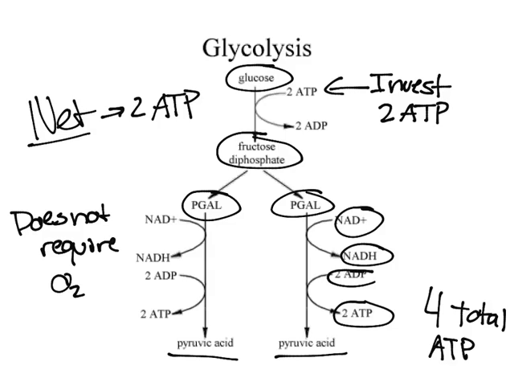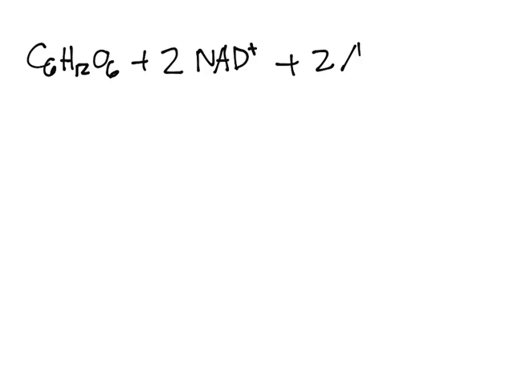So let me clear this. And so you have a glucose, C6H12O6, plus 2 NAD pluses, plus 2 ATP, plus 4 ADP, and 4 phosphate groups, so Pi.